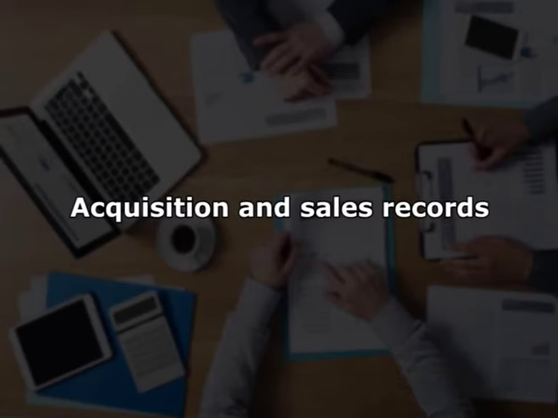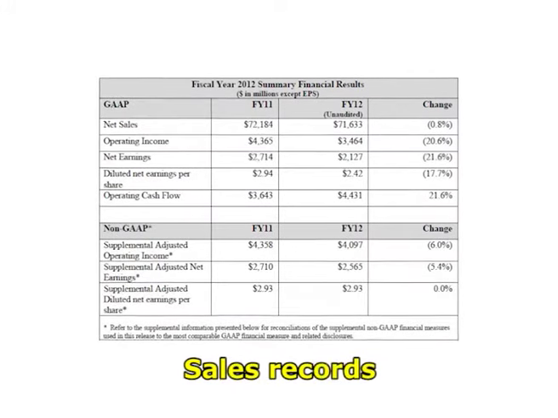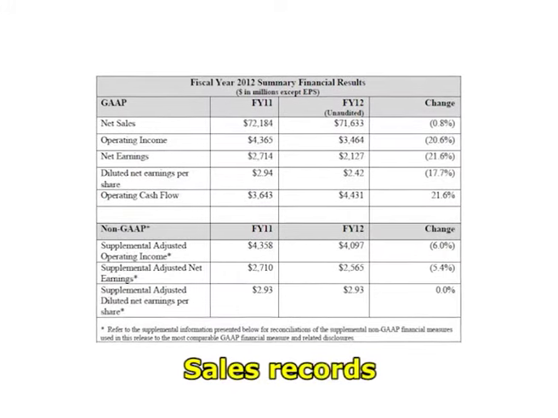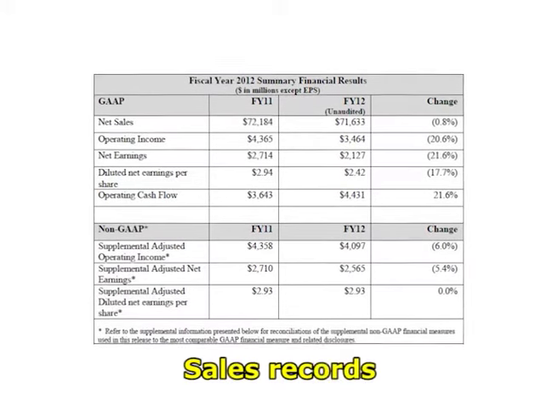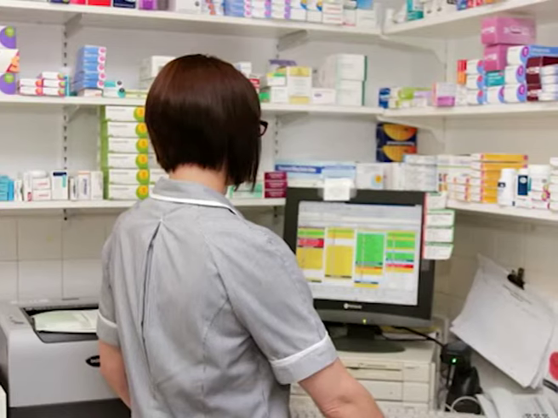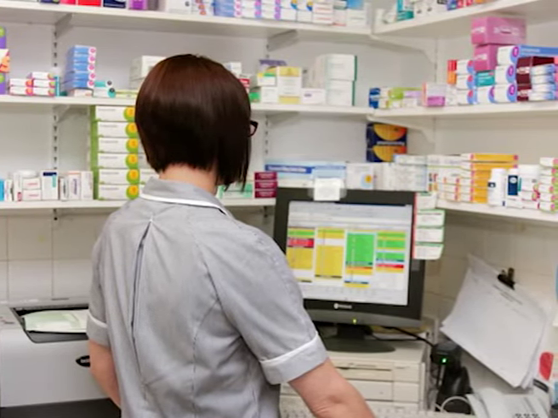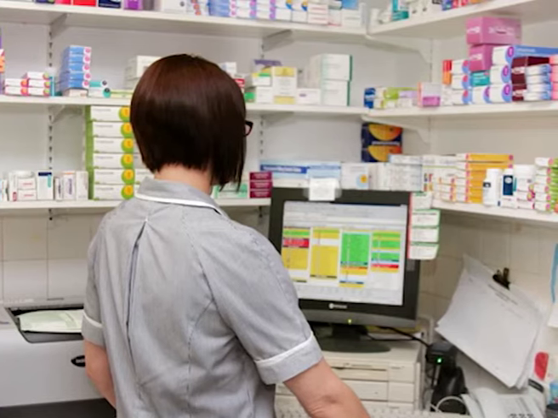Acquisition and sales records. Every pharmacy manager shall keep a record of all acquisitions and sales of drugs for a period of 7 years. Remove. Discussions took place on what records of acquisitions and drug sales really involves.